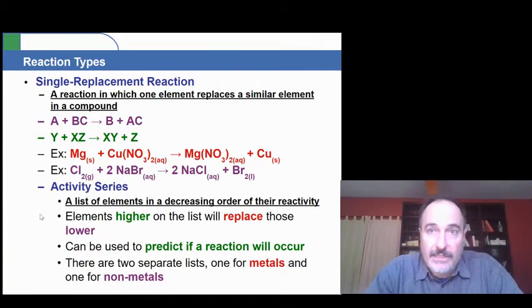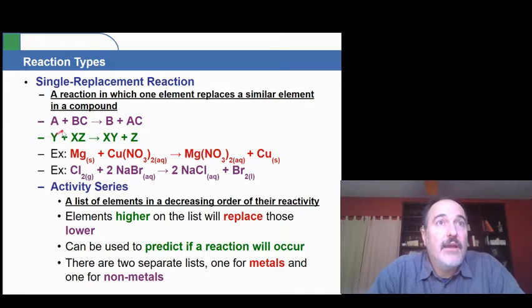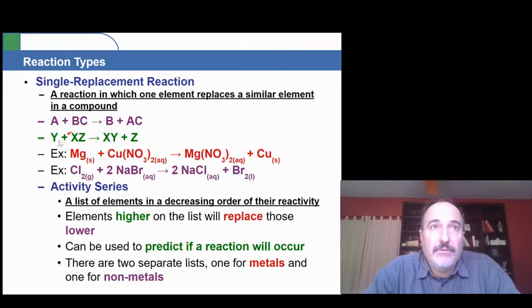Now, there are two separate lists, one for metals. In other words, for the purple one up here, it follows this pattern. Will metal A replace metal B? Or there's also one for nonmetals, like in the case of the green example here. Will nonmetal Y replace nonmetal Z?